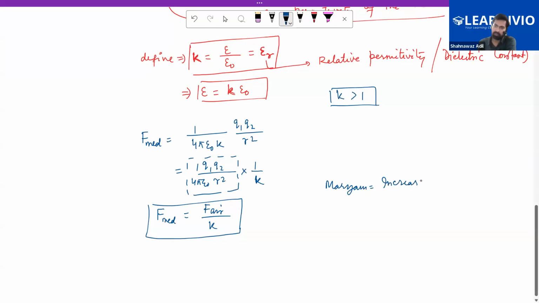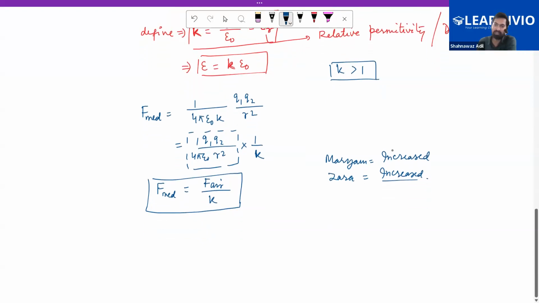What about you, Zara? I think the same, increased. Same. Okay, with the majority, right? Majority seems always right. But let us check this. Do you want to change your answer? Yes. So Mariam is saying that it will be decreased. What about you, Zara? I don't know.